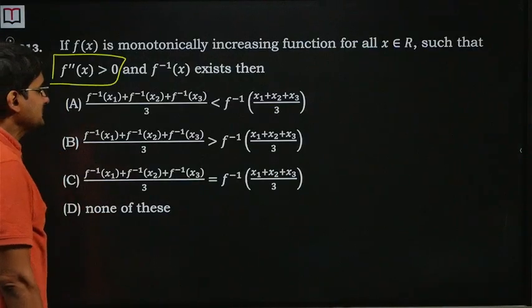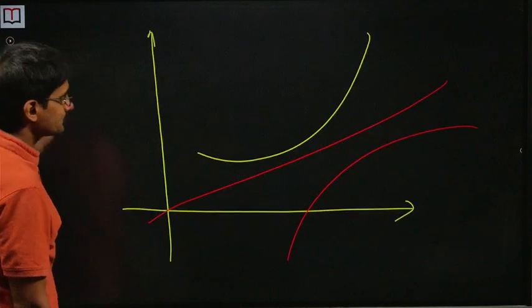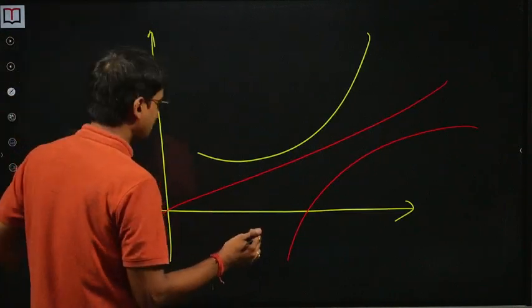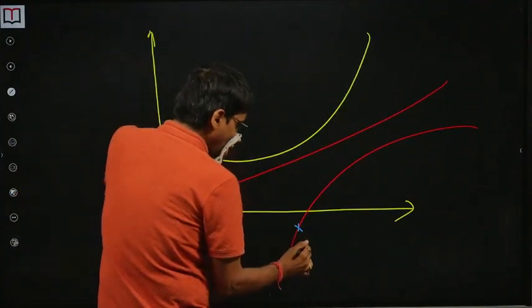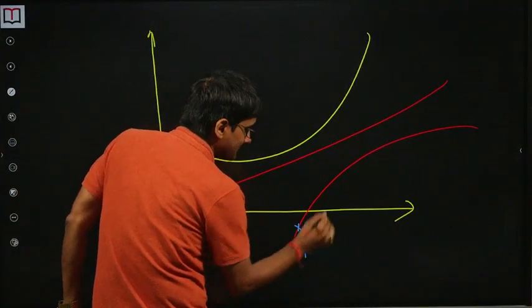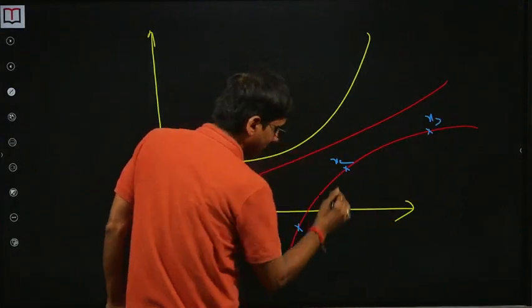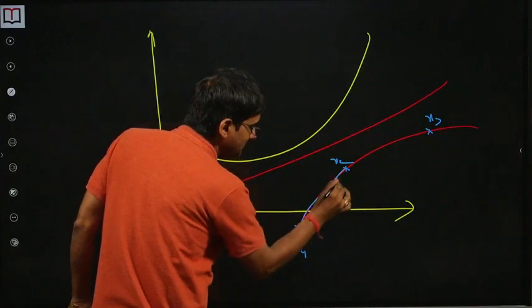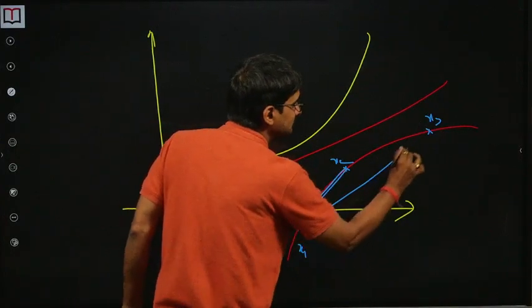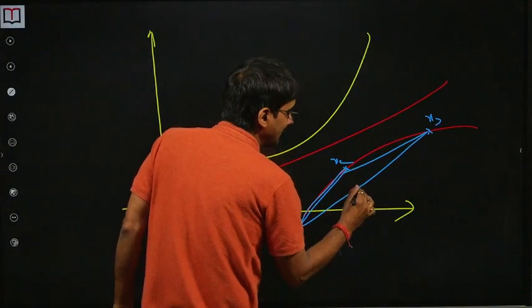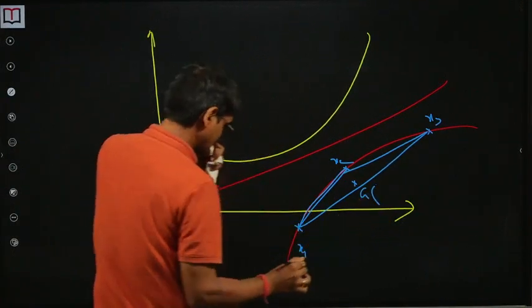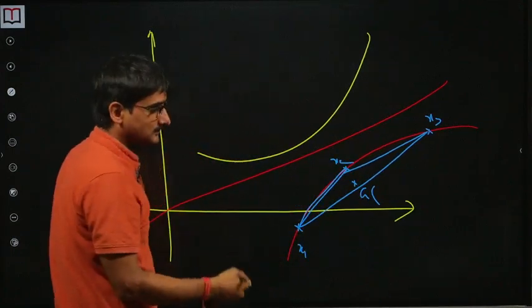Now x1, x2, x3, since we need this, I will say consider 3 points, x1, x2 on the curve. They will form a triangle because any 3 points, either they are collinear or they form a triangle. Right, at centroid, it's an open down curve.